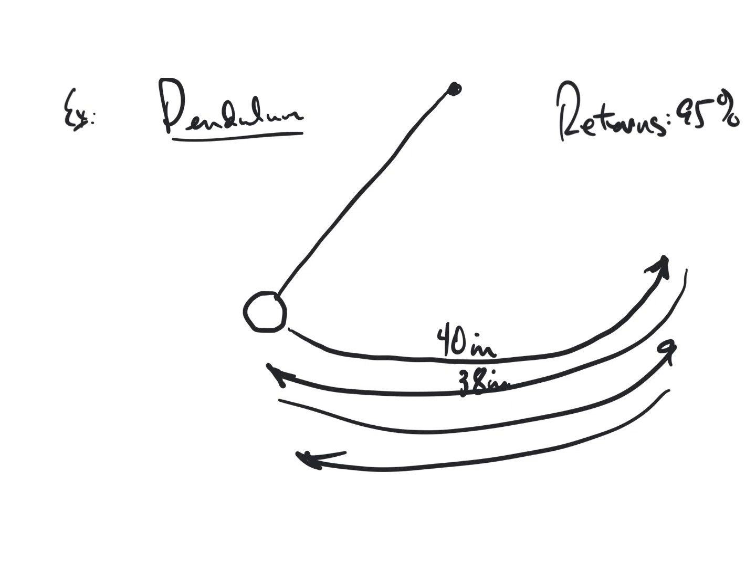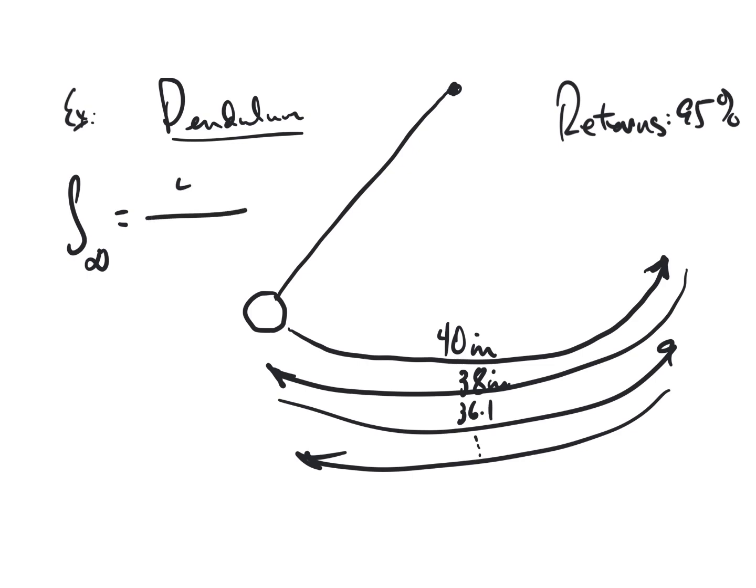Then on the third swing, it's going to travel 36.1 inches, and so on. We're just going to let this go back and forth until it comes to a stop. So what would be the sum of that infinite number of swings?